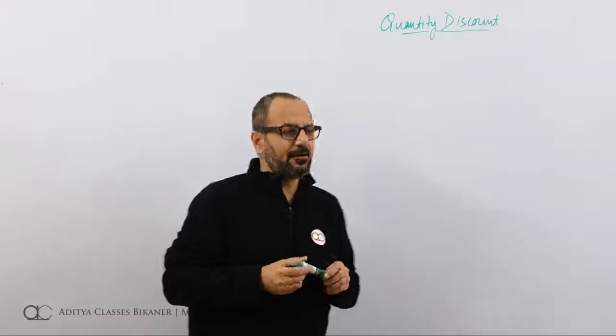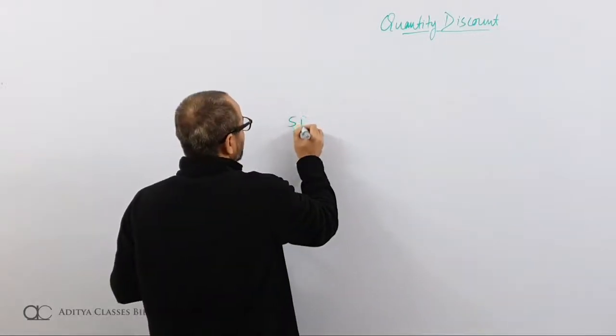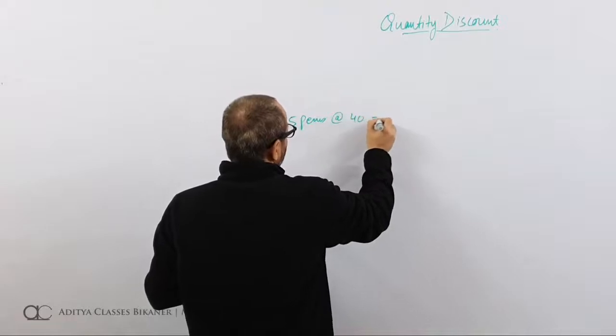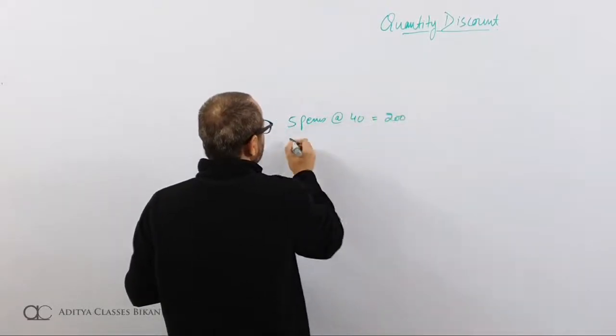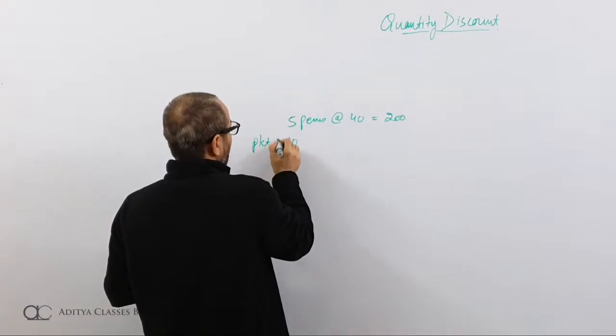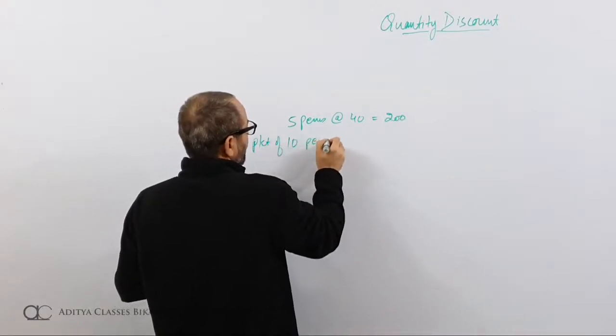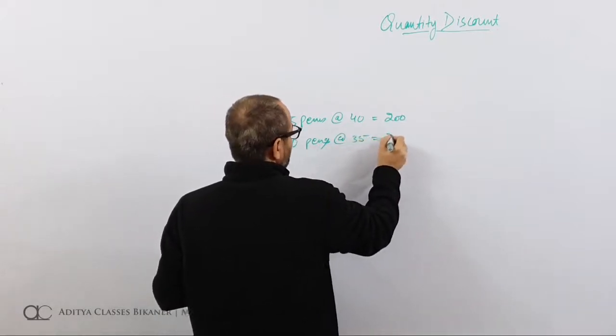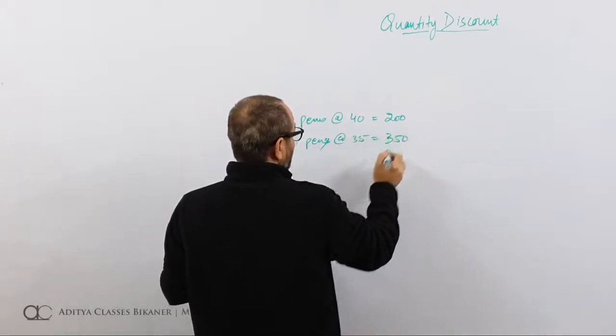So when I am buying 5 pens, it is costing me at the rate of 40, that is 200 rupees. Now he says buy a packet of 10 pens. If I do so, it will cost me only 35 rupees each, that is a total of 350.